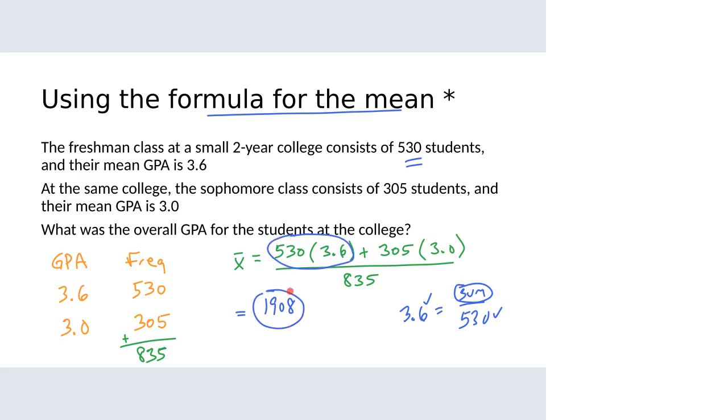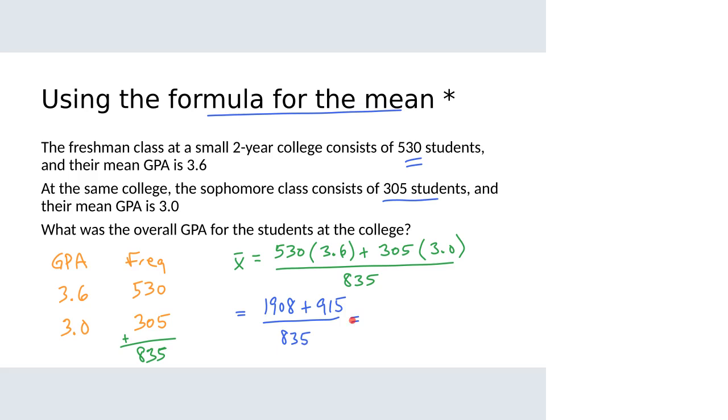You may not need that detailed of an explanation here, but I do want to make sure you understand what this 1,908 represents. And then similarly, when we do 305 times 3.0, that 915 also represents what we get if we add together all the GPAs of these 305 students. All right, then we'll divide by 835 and we'll have our overall GPA.